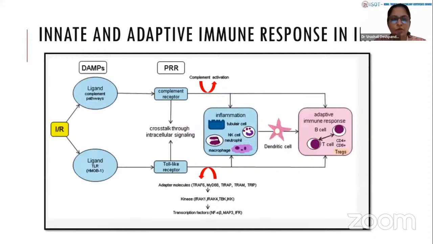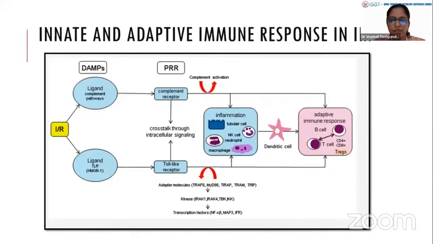And there is activation of both innate and adaptive immune responses in response to ischemia reperfusion injury also. The cells which are landing up in necrosis and apoptosis express various DAMPs, damage-associated molecules, on the cell surface. And these DAMPs attract various toll-like receptors on the inflammatory cells.